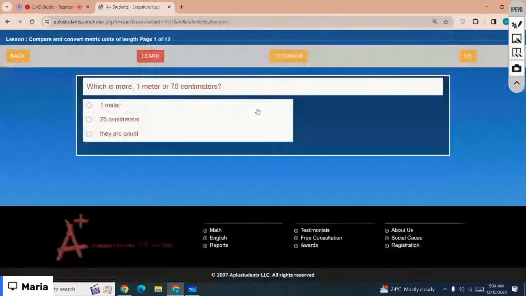Which is more, 1 meter or 78 centimeters? Obviously, 1 meter is more, right? Because in 1 meter you have 100 centimeters, so 1 meter is more.